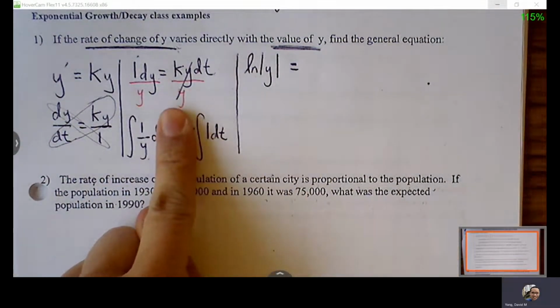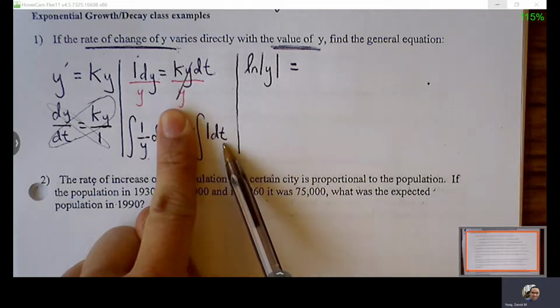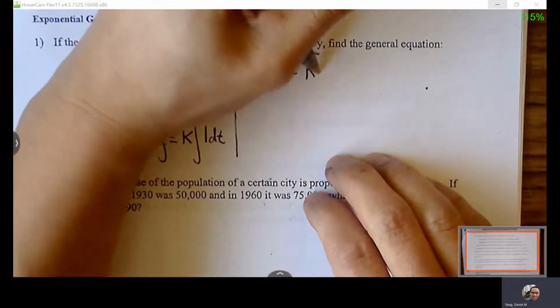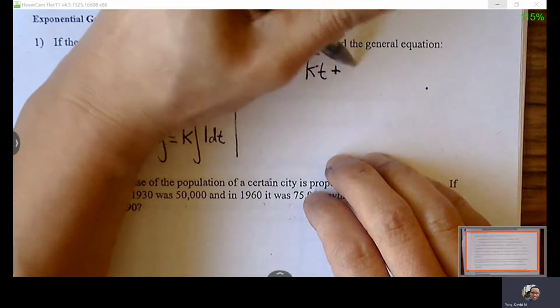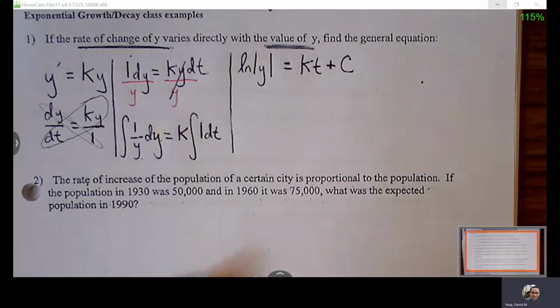What's the integral of 1 dt? You have the right idea, but here the dt tells us that the independent variable is time. So just t, so kt plus c. We're going to kind of move towards variable t, especially with word problems. Okay, any questions so far?